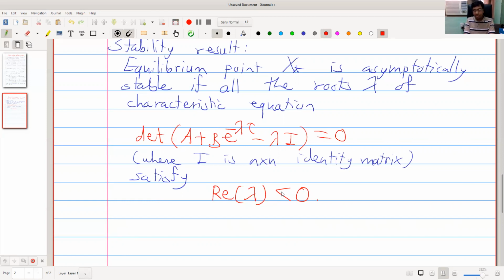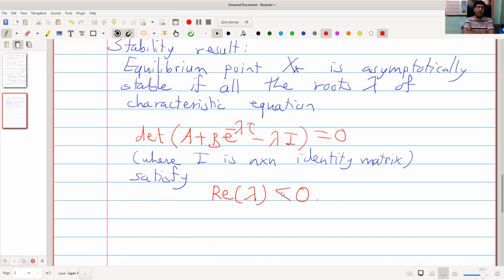One part was unstable irrespective of tau, one part was stable, meaning the system is stable irrespective of tau, and there was one part which was the delay dependent stability region. And we provided the critical value tau star in terms of the coefficients A and B.